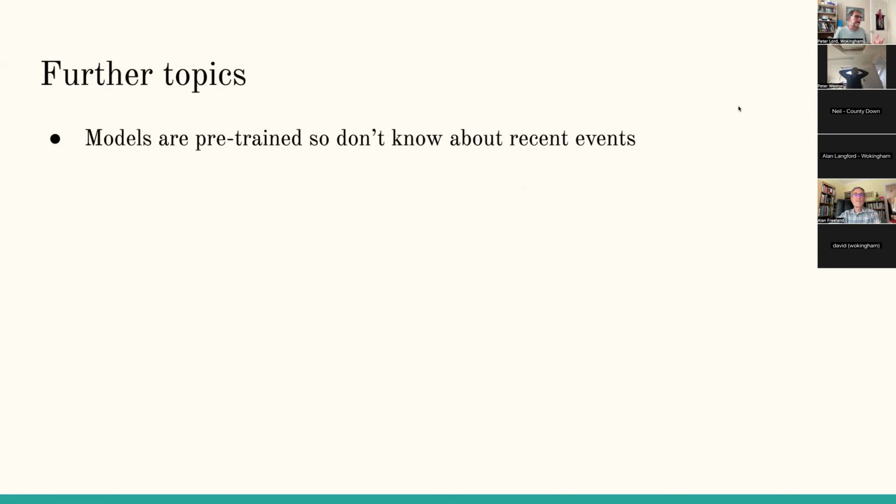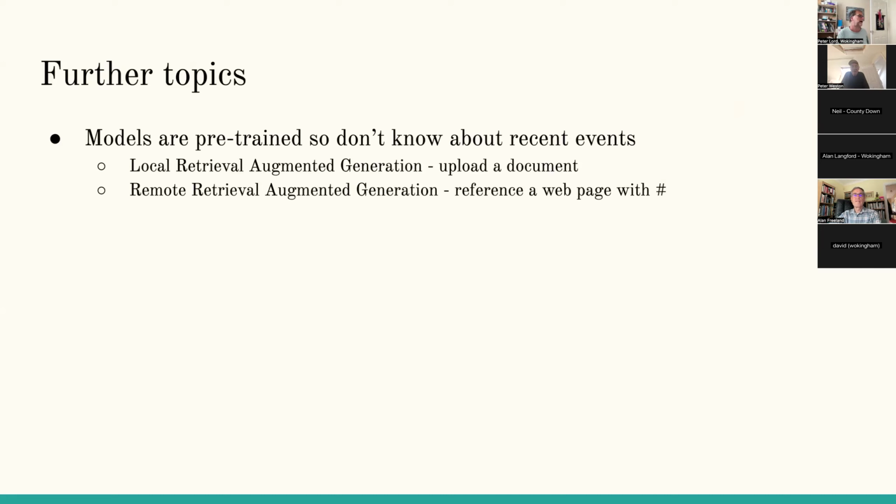So models are pre-trained, so they don't know about recent events, but you can use what's called RAG, retrieval augmented generation, to either upload a document or do a web search, which we've talked about. You can try these tools to do different things. I mentioned we saw Home Assistant tool indirectly. There are also tools there to query stock prices. Maybe you want to say, what stock should I buy next week?